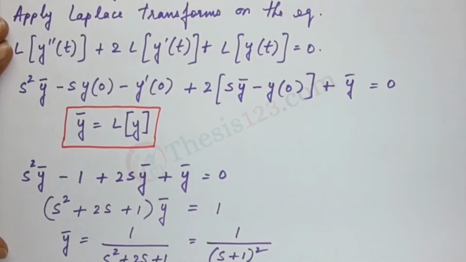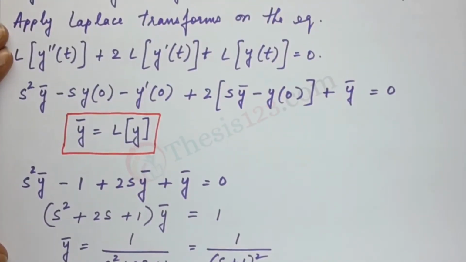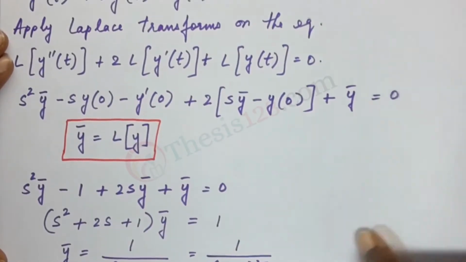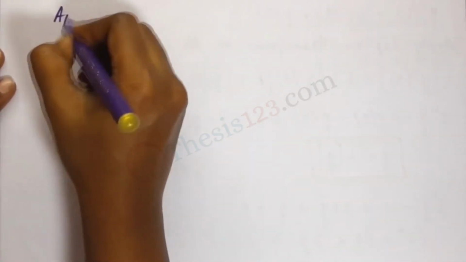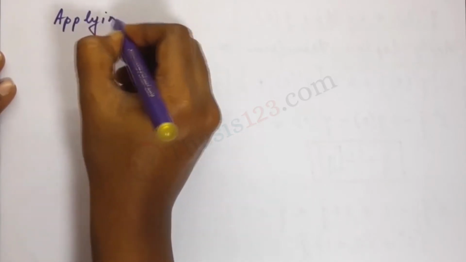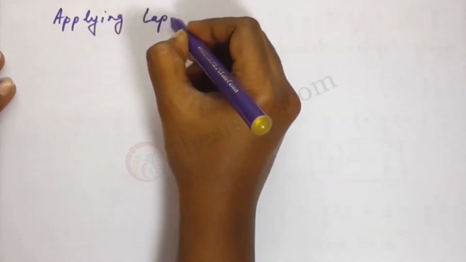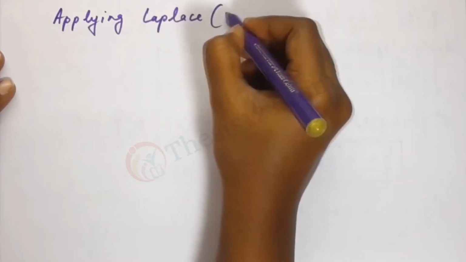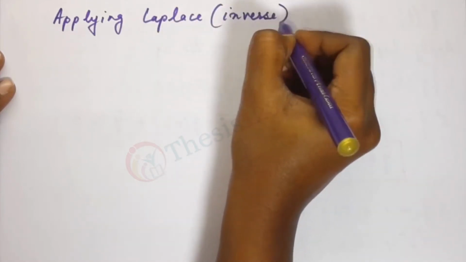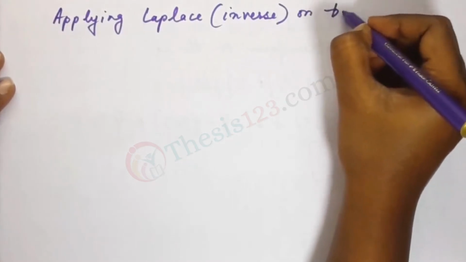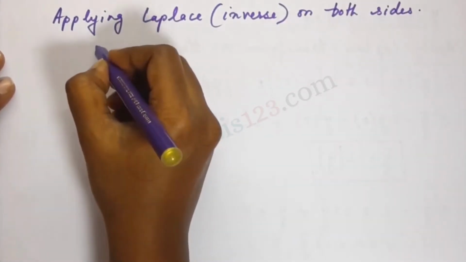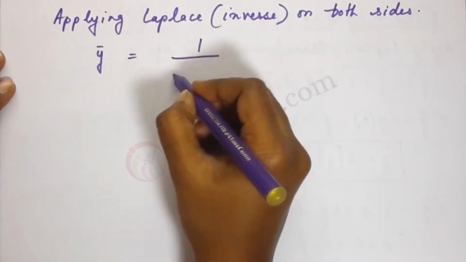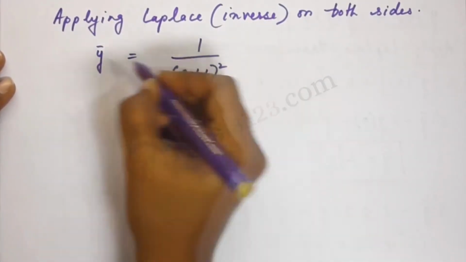So we are going to apply Laplace inverse on both sides. I think I'll just flip this over and write it down here for you. So applying inverse Laplace on both sides, we have here y bar is equal to 1 divided by s plus 1 whole square.